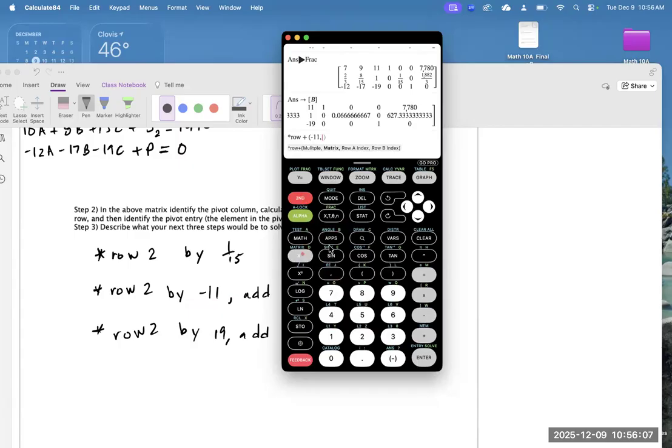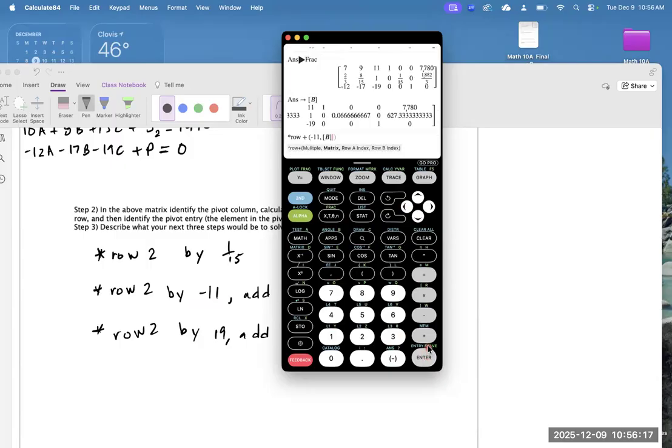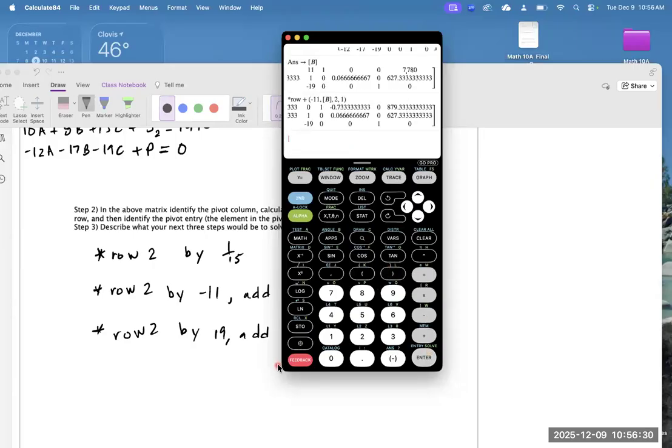I'm going to take the matrix that we just got done working with, which was B. I wanted to multiply the negative 11 times row 2 and add to row 1. And there we go. Okay.